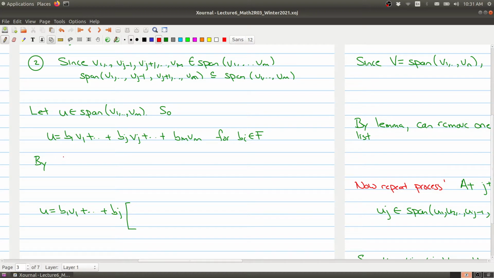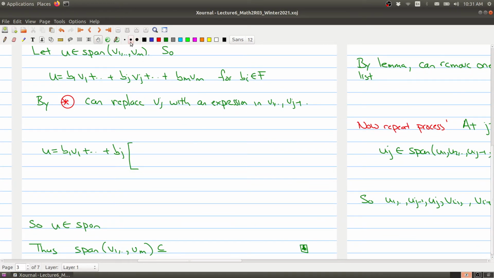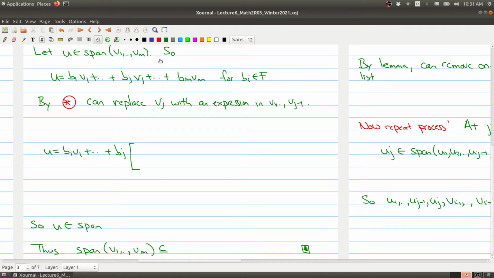So by star, I can replace vj with an expression in v1 up to vj minus 1. I will do it right here. This vj, which we calculated above, we can write in terms of v1 to vj minus 1.